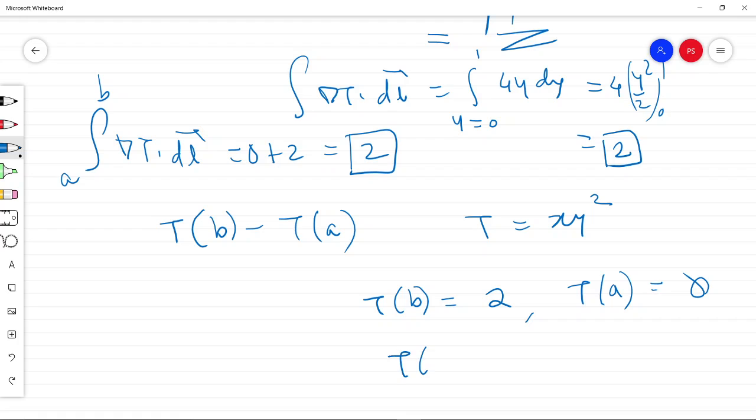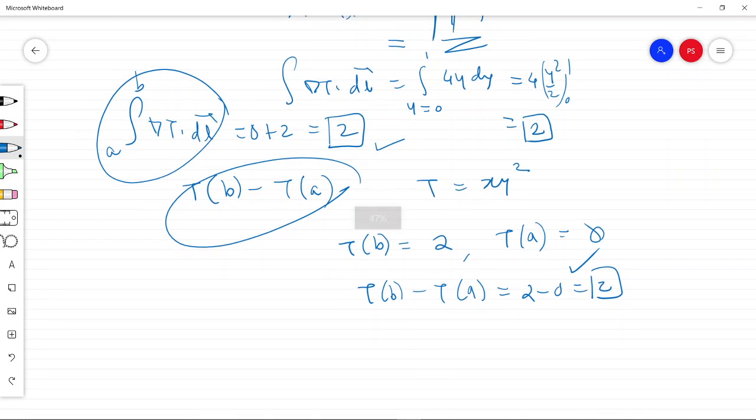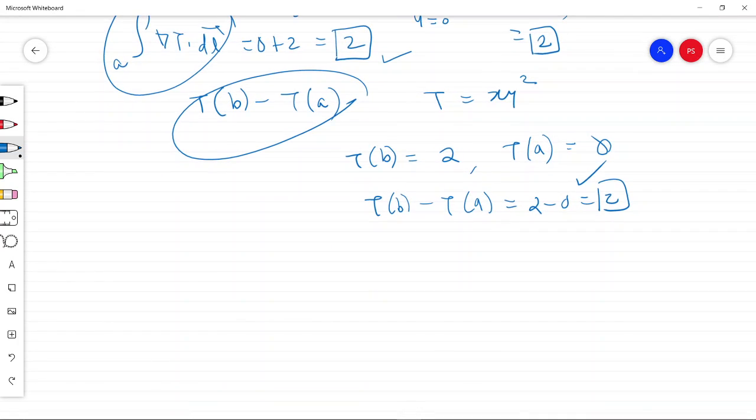So T of b minus T of a is, sorry, the other way, 2 minus 0, which is equal to 2. So this right hand side is the same as the left hand side. For this particular case, we have verified the fundamental theorem of gradient.